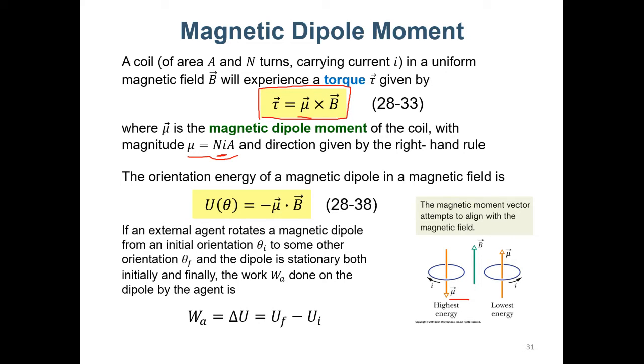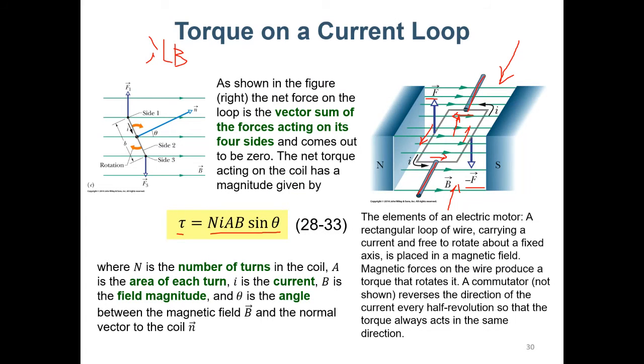Or if the current is larger, the magnetic dipole moment will also be larger. So this is actually an important thing. So you may consider mu equals NIA, and so here you will have mu B sine theta, which is actually mu cross B.